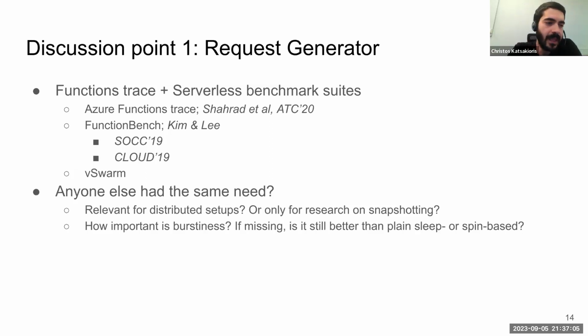So maybe is there any point in sacrificing some precision of the requests in order to gain something else, like a realistic memory pattern or something? What do you think? Does anybody have any opinion on this? Or should I move on?